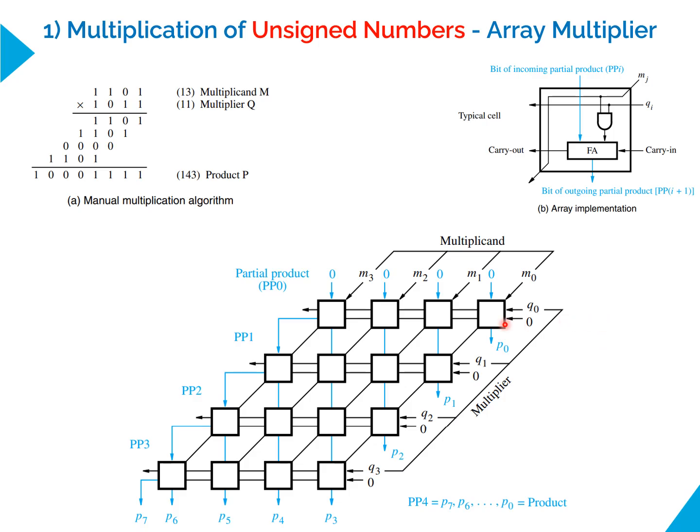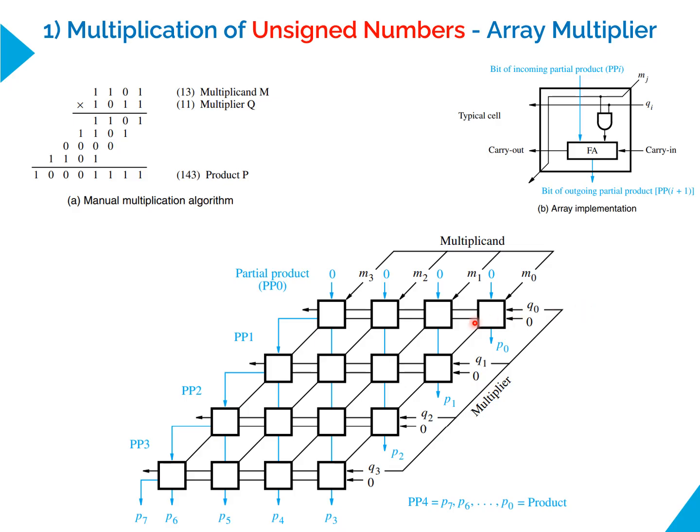For each row, the carry in will be 0, which goes into the full adder. Then you can see Q0, Q1, Q2, Q3, the multiplier bits, which go to each row of your partial product. At the top you can see M0, which is common for all the diagonal, M1 for all, M2 and M3.